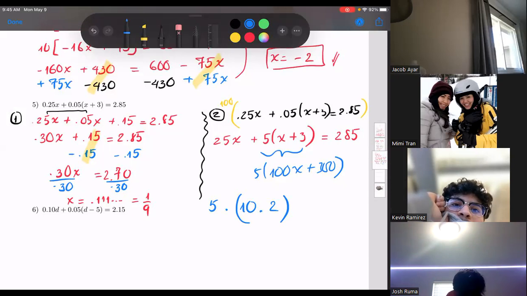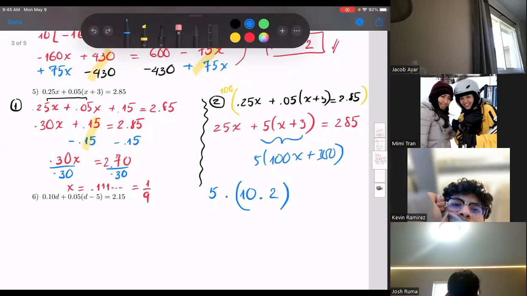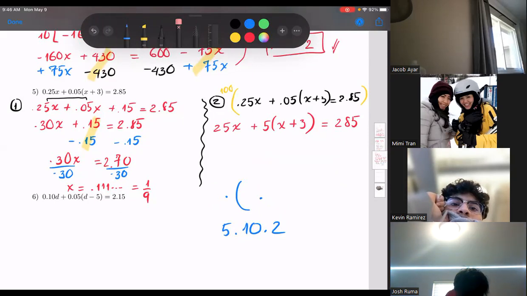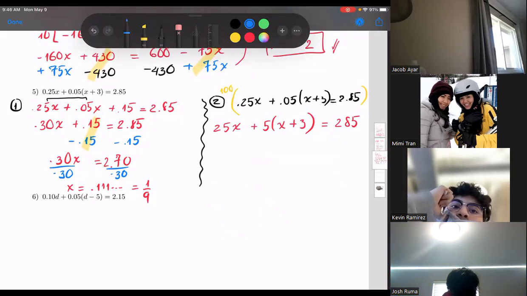If it was plus, then you're allowed to do that. But multiplication is the same thing as 5 times 10 times 2, once. Same thing in our problem: the 100 times the 0.05 once. So I leave the other in parentheses alone.